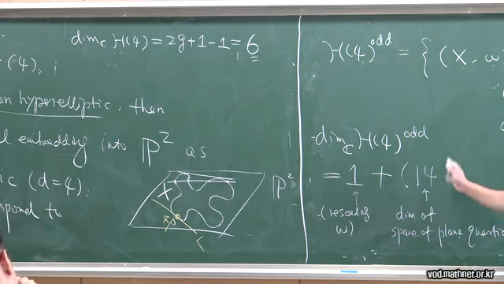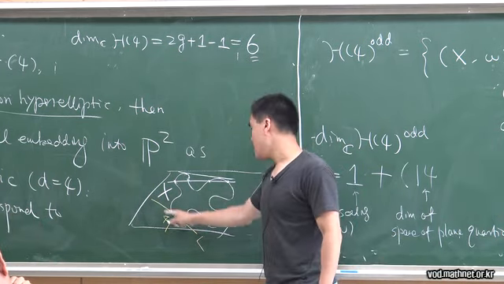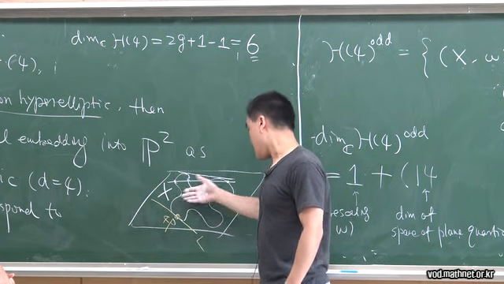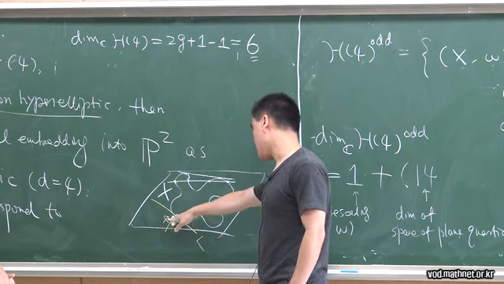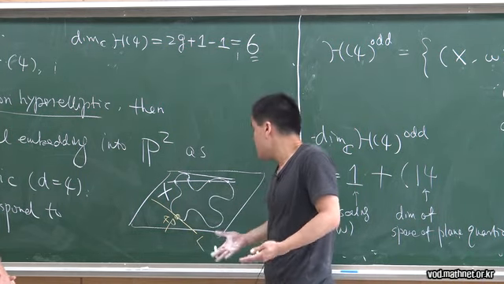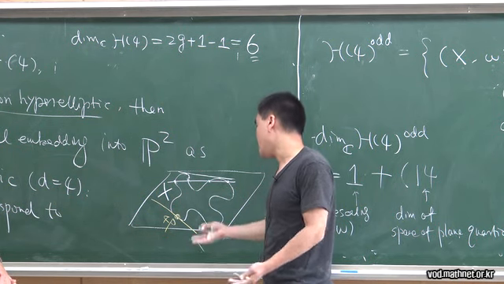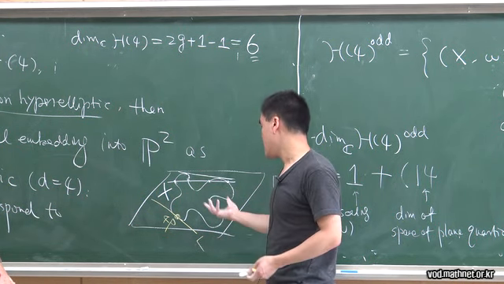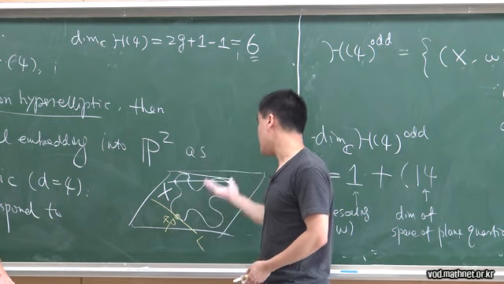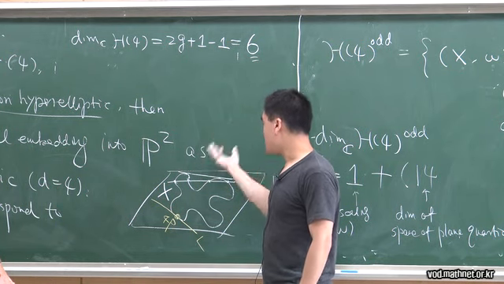Okay. Now I want to impose a condition so that this X has contact order 4 at a given point P in a given line L. What you can do is very simple. You can fix this line L by one linear equation. Suppose I have coordinates z0, z1, z2.